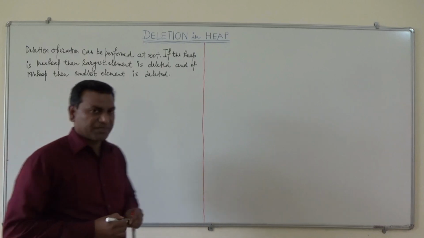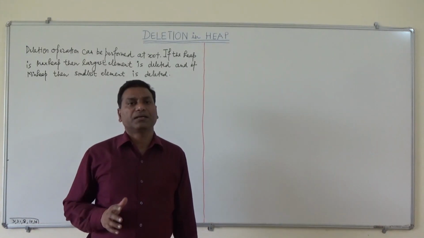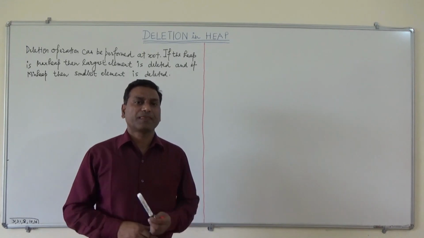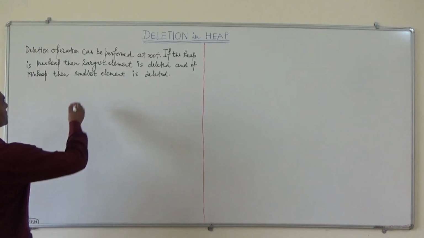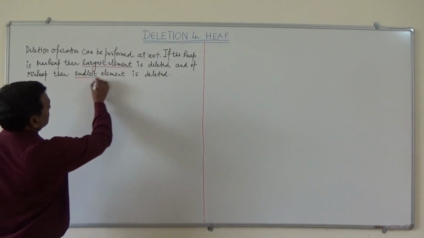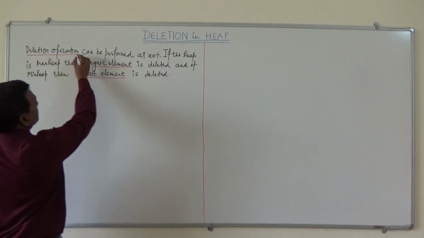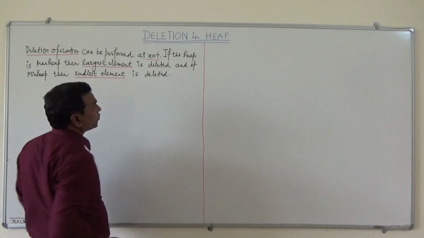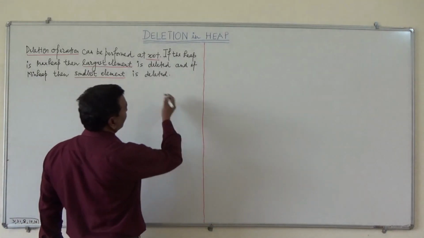So if the heap is max heap, then we will delete the largest element, and if the heap is min heap, then we will delete the smallest element. So this is the largest and this is the smallest, and we will perform the deletion operation at root of the heap. So we will use some steps.